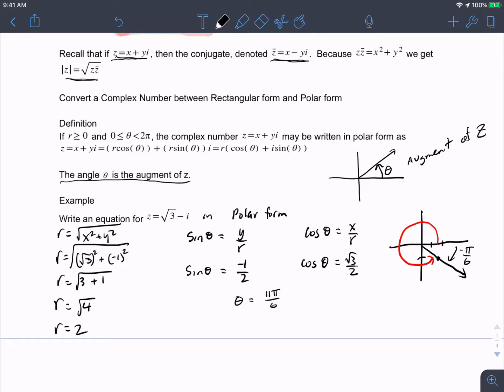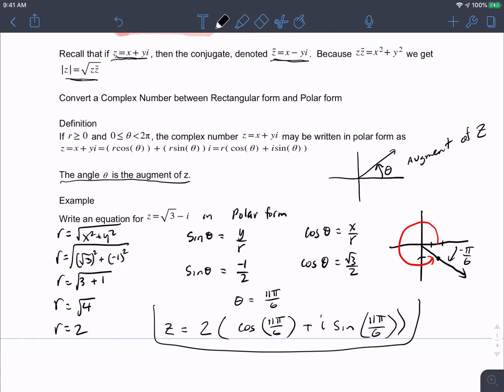And so when we write this equation, the final equation is going to be z is equal to 2, that's the r, cosine of our angle, which we now know, plus i sine of the angle that we now know. And this is our answer.